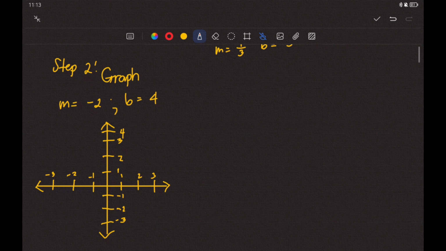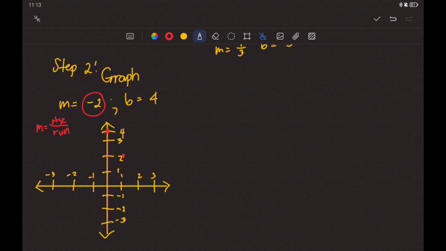So our first point, our y-intercept is 4 is here. Our slope is negative, so we are going down 1, 2, and our run is 1. Remember, m is equal to rise over run. And this is a whole number. It means na siya denominator na 1.